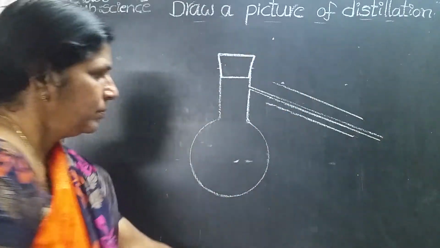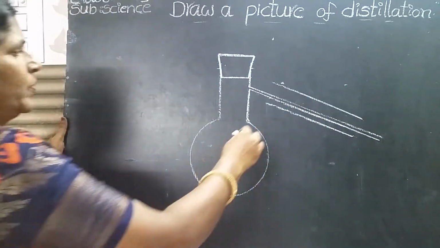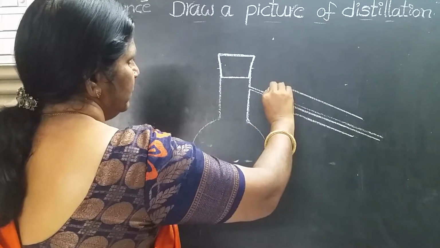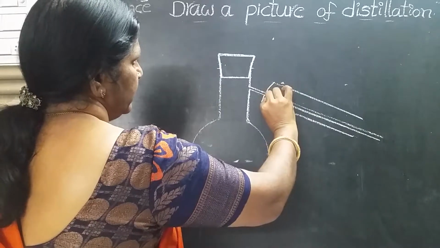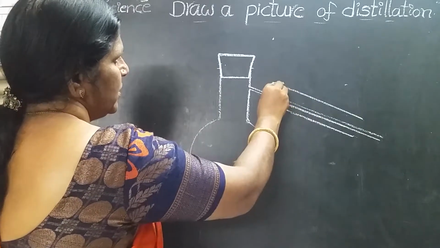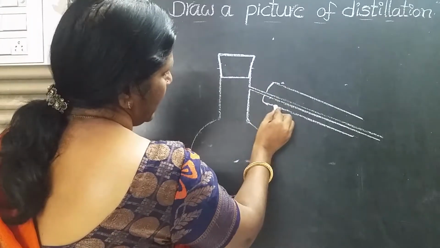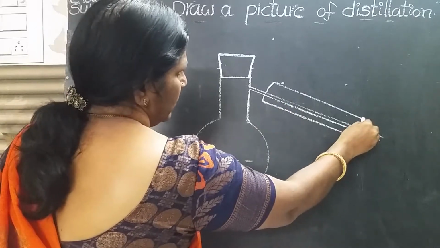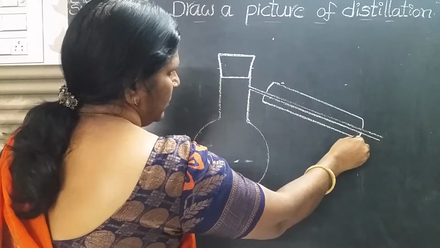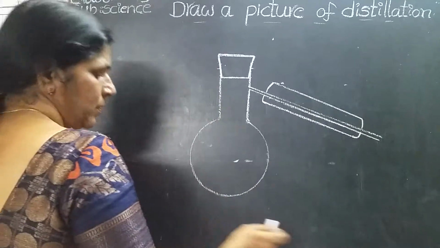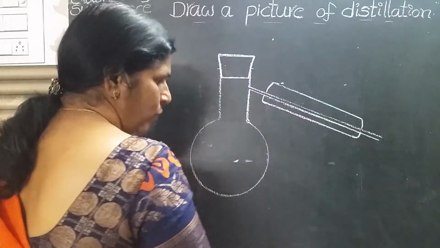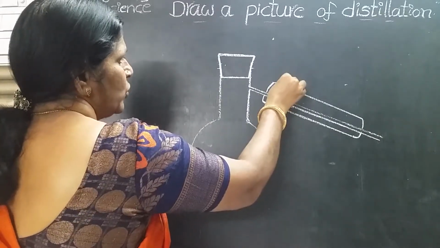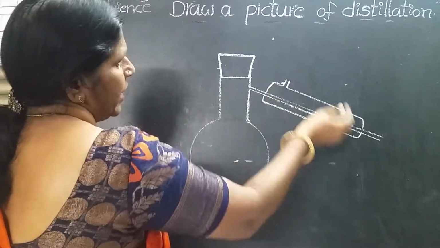Okay, draw like this. Cool condenser, this is the cool condenser. Okay, water is in and out, that's why you have to arrange this part lightly and draw two small lines like that.